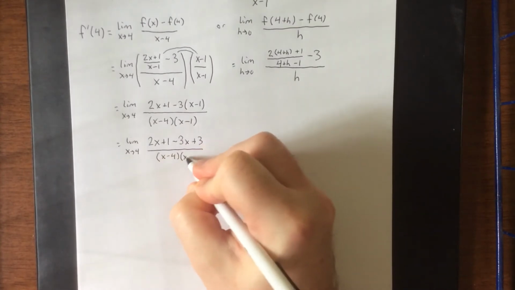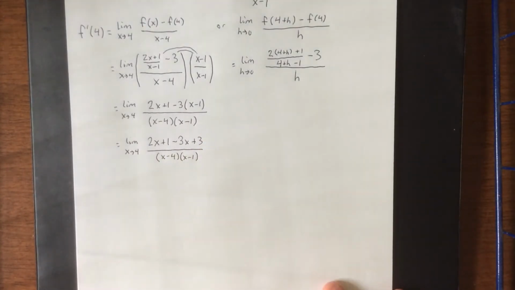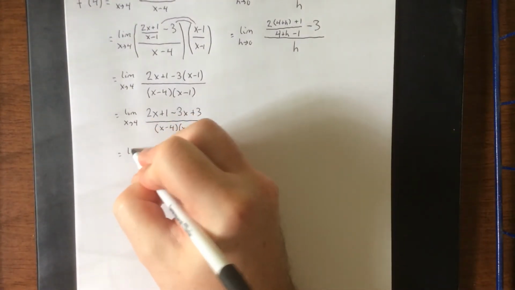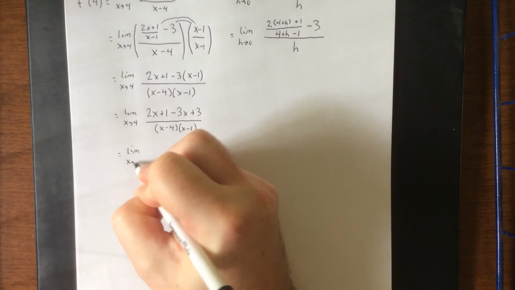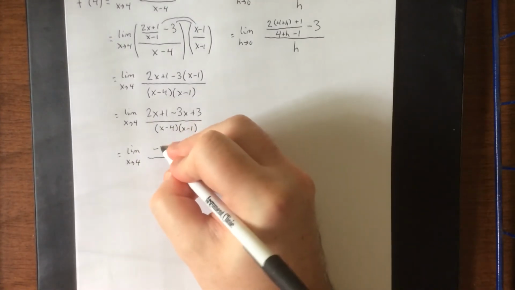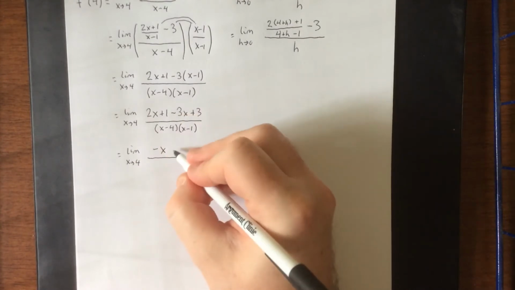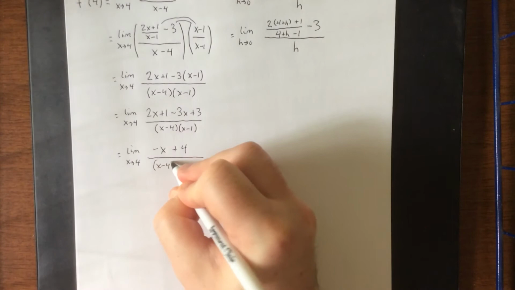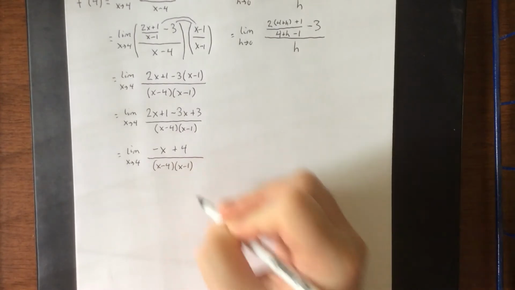Denominator is still a polynomial. I still want to leave it factored. Combining like terms in the numerator, 2x minus 3x will give us negative x, and plus 1 plus 3 will give us plus 4. Now we are about to see some good things happen.